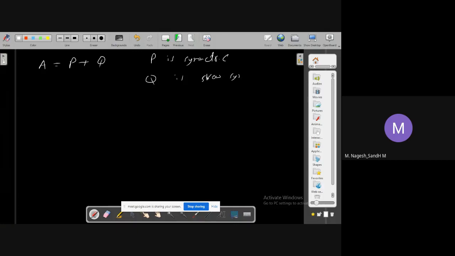Some boy in your class says, why do we write A equal to P plus Q? We can write A equal to R plus S, another representation.